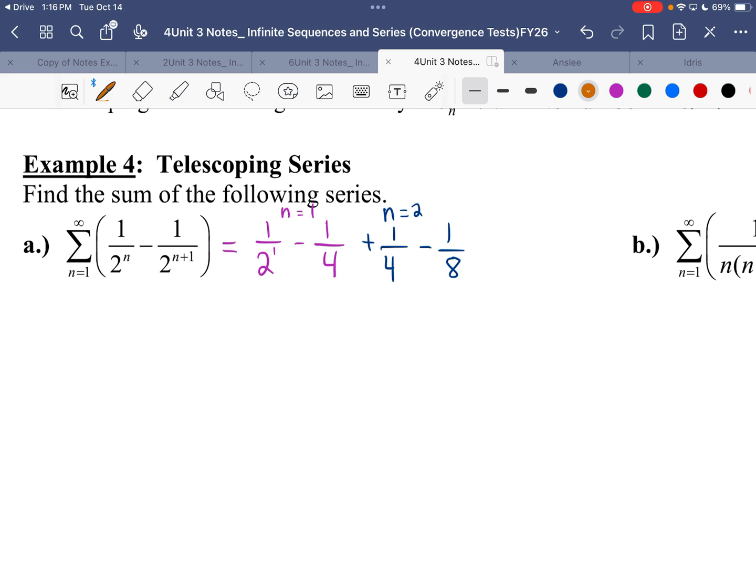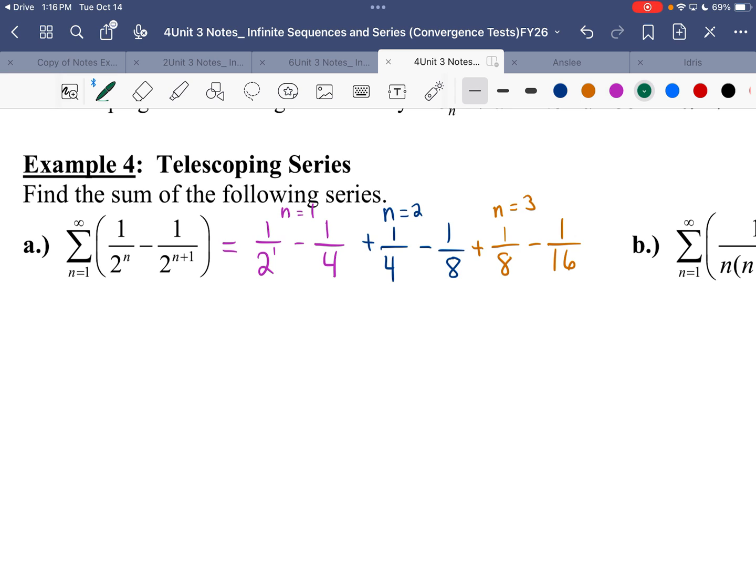I'm doing that calculation while I write, just in case you're confused. And then plus n equals 3. So now I have 1 over 2 cubed minus 1 over 2 to the 4th.